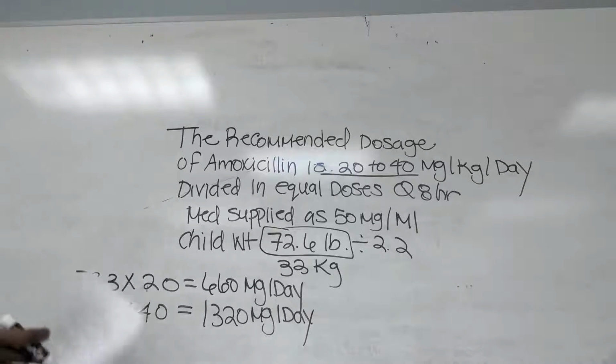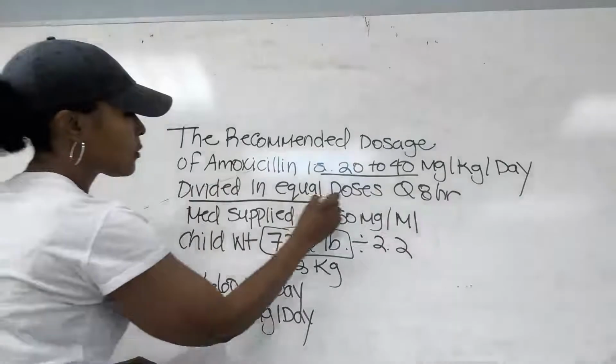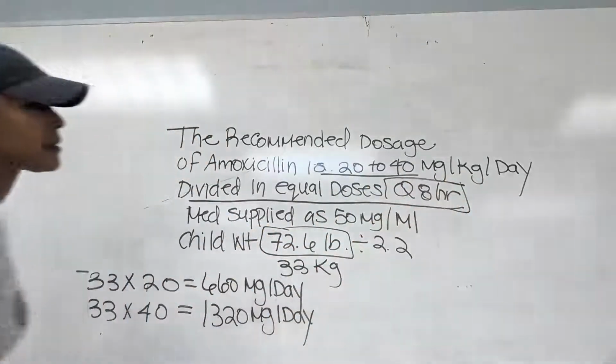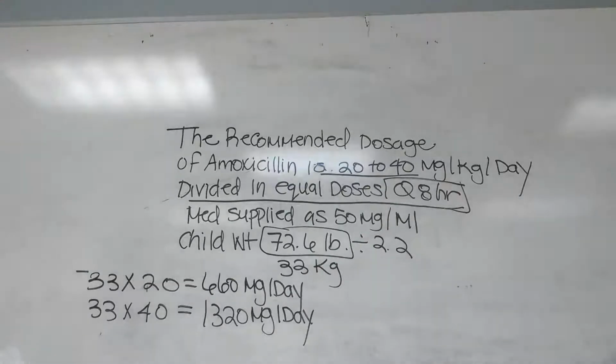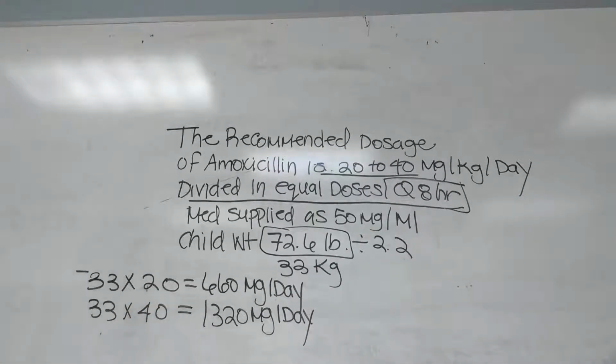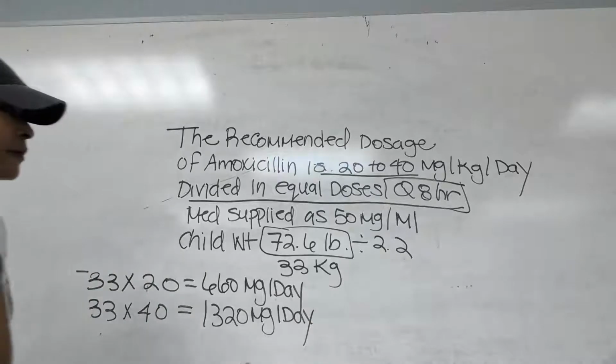And then it also says that it's divided in equal doses every 8 hours. So we're focusing on the every 8 hours. That means we have to take the 660 and divide it down to the single dose. We're going to divide it by 3 because 8 times 3 is 24.